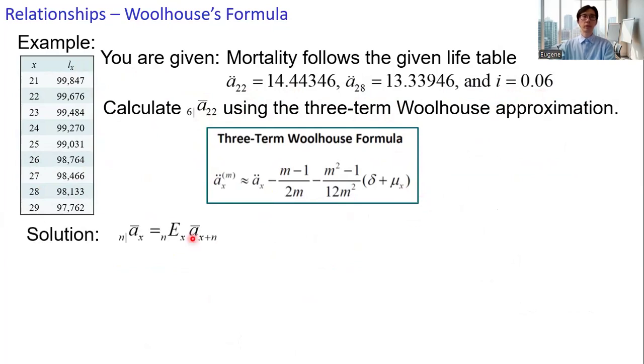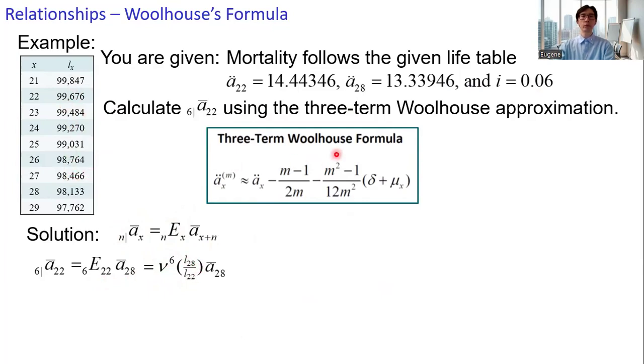All right, make use of the relationship. So we get 6E22 times A bar 28. We can get 6E22 with nu to the power 6, and then we can get l28 over l22 from the table.